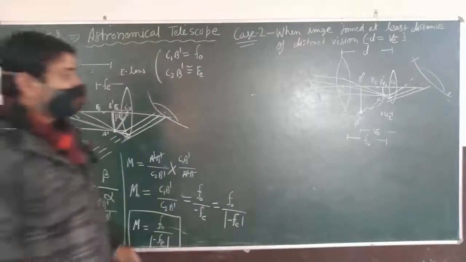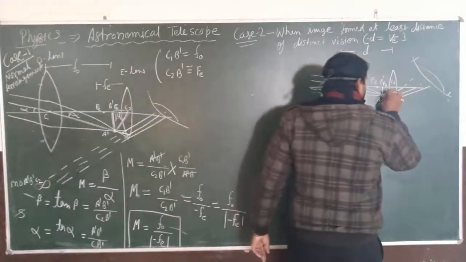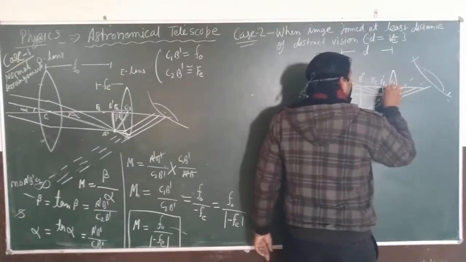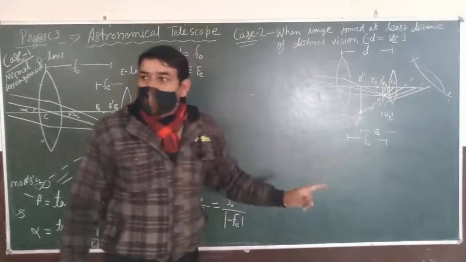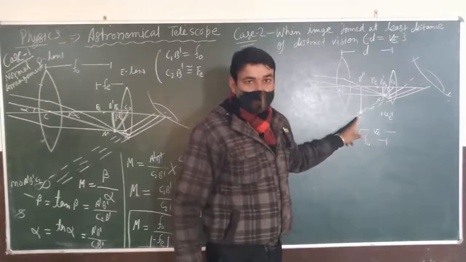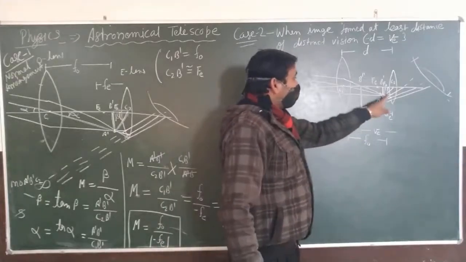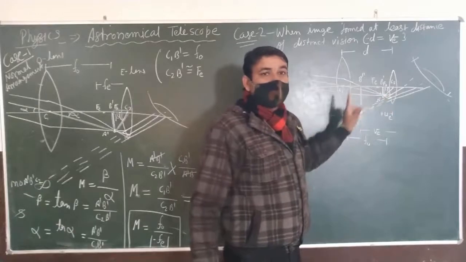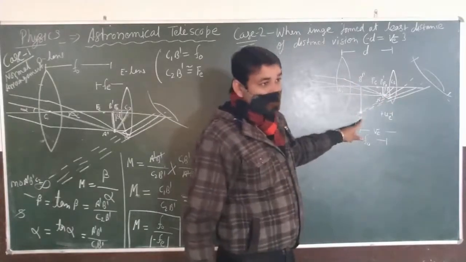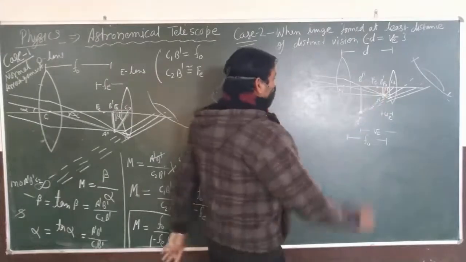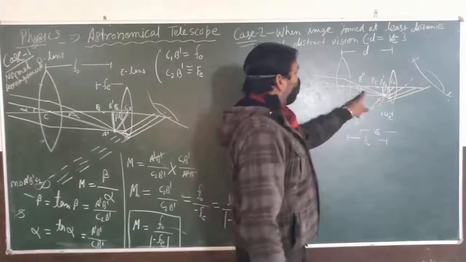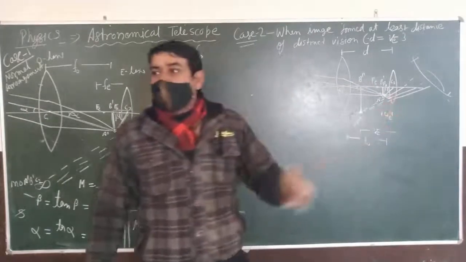Okay, now when we join A dash with center, then this angle is angle subtended by the object because the ray is also passing from this point. Okay, so this is beta is the angle formed by the final image A double dash B double dash, and this is alpha, so this is also alpha. Therefore, this angle is angle subtended on the eye by the object.